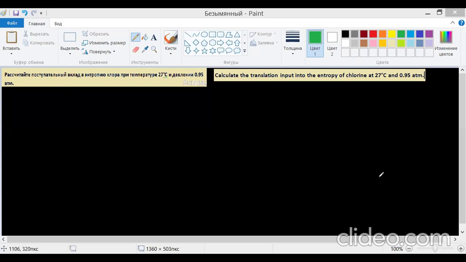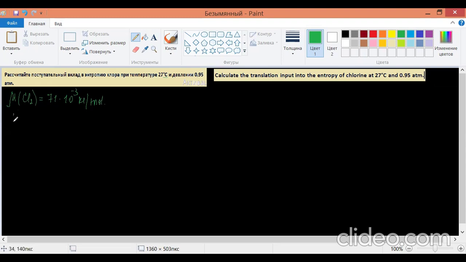Calculate the translation input into the entropy of chlorine at 27 degrees Celsius and 0.95 atmospheres. Okay. So first of all, let's write down what we've got. We've got chlorine, and that means that we know its molar weight. It's roughly 71 times 10 raised to minus third kilograms per mole. Also, we've got temperature, and we convert Celsius degrees into kelvins by adding 273, and finally we got 300 kelvins.